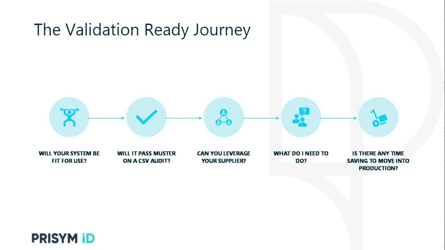This evidence, along with on-site policies and procedures, will ensure your system will stand muster at a CSV audit. So let's remind ourselves of the GAMP5 model approach to validation and where we can consider at what point we are validation ready.